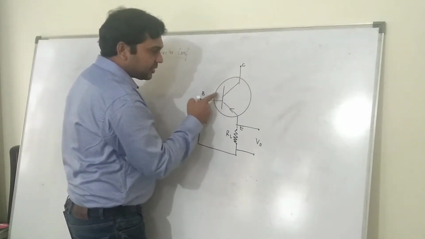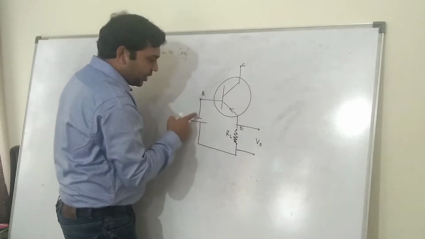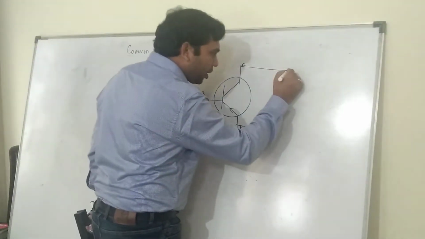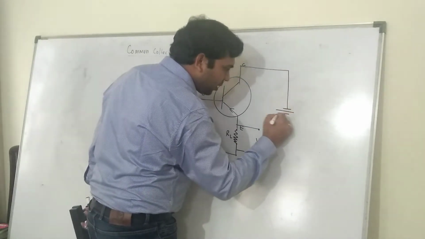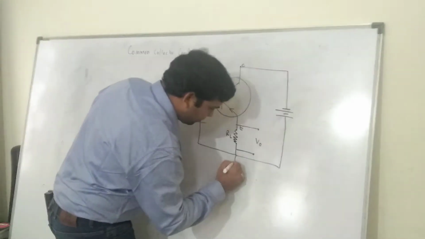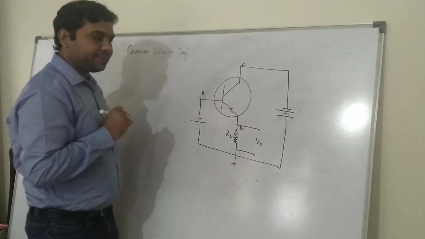And the collector-base junction has to be in reverse bias. So this is P, this is N, this is P. N is already negative, so P has to be more negative than N, like this.